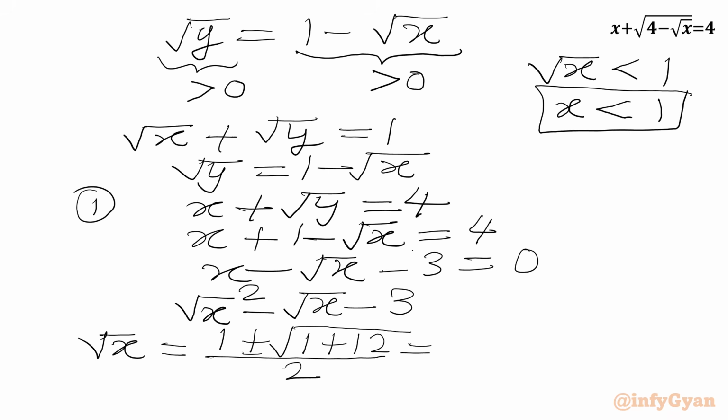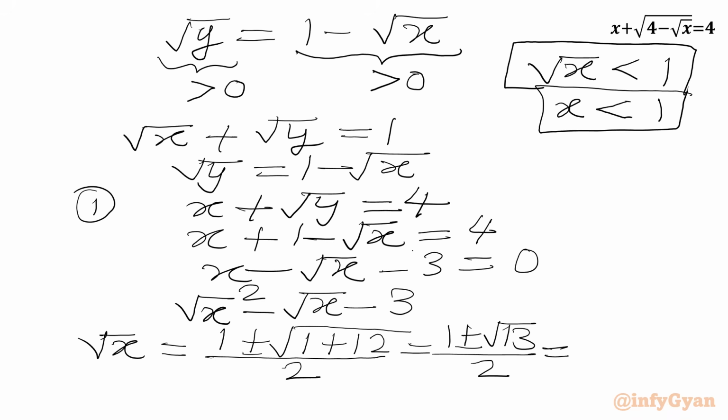So I am going to write 1 plus minus square root 13 over 2. Now root x is less than 1. I will write two solutions, 1 plus root 13 over 2 and 1 minus root 13 over 2.